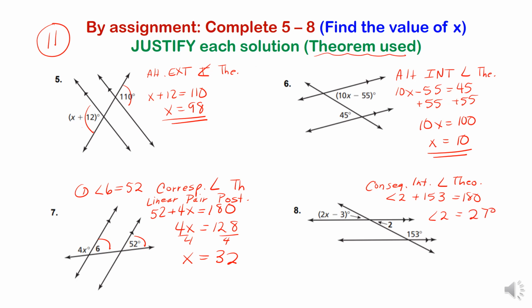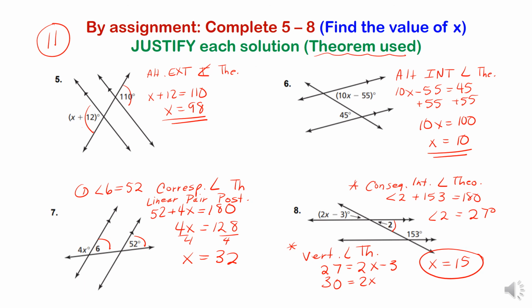Okay, so angle 2 equals 27. So with the vertical angle theorem, I can say that angle 2, which is 27, equals 2x minus 3. Add 3 to both sides. 2x equals 30. So x equals 15. Okay, so again, I had to use 2 separate theorems for this one.